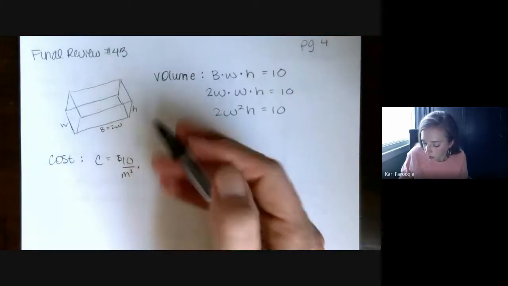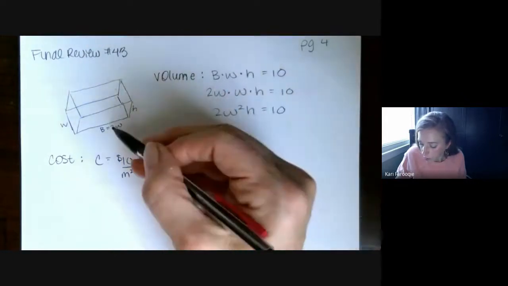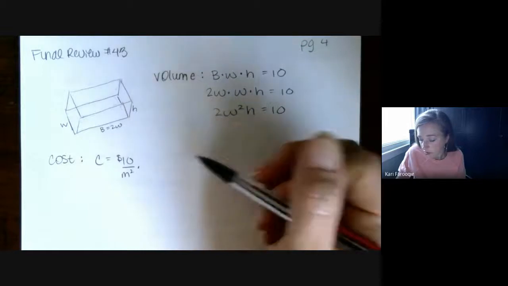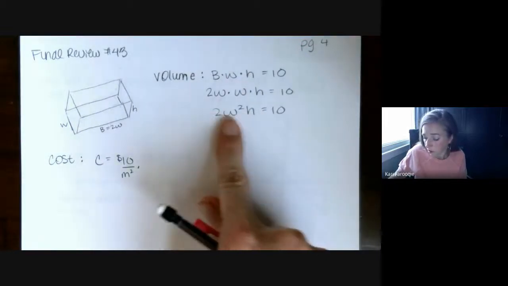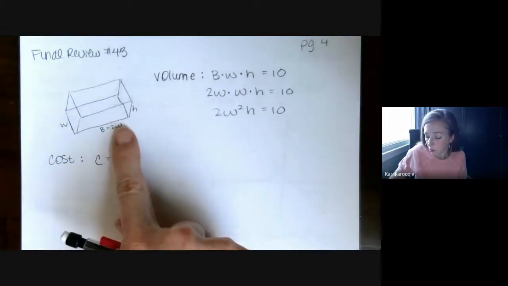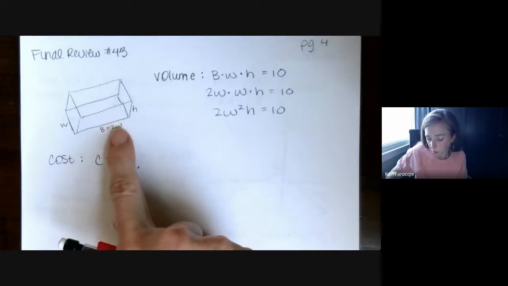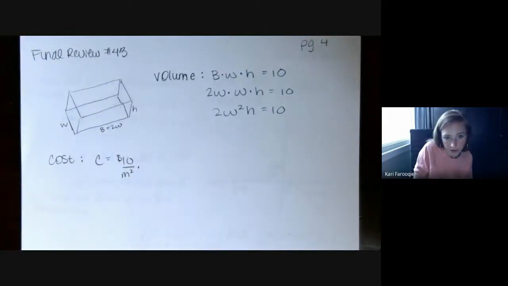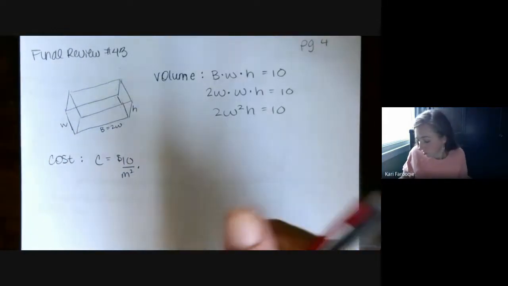So this is for the base, and by the way, I know technically we have B, but we're going to want this written in terms of two variables, and we only are using W and H at this point. So when we're talking about the base, we're going to say that the base of the box is 2W times W. So that'll be the area of the base of the box if you're thinking about this in terms of surface area.